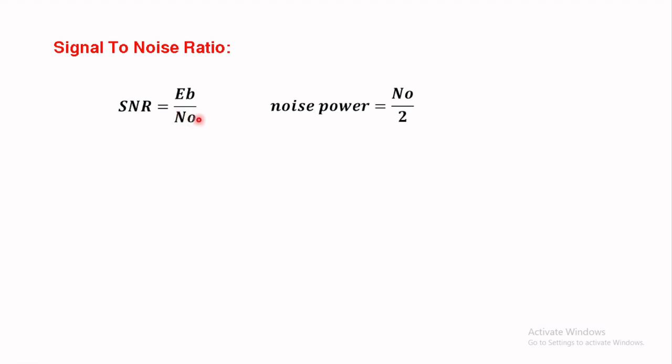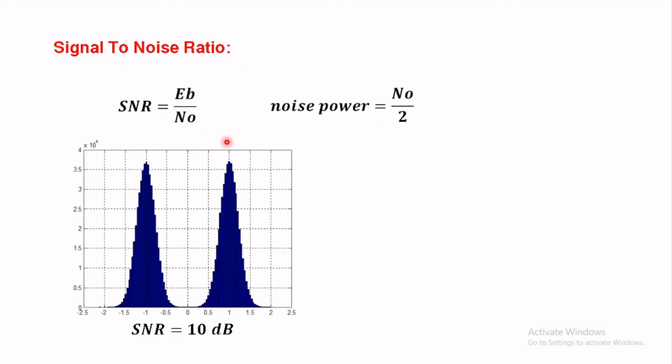Again, you can just think of N naught as some value related to the noise power, or the noise variance, which is defined as N naught over 2.